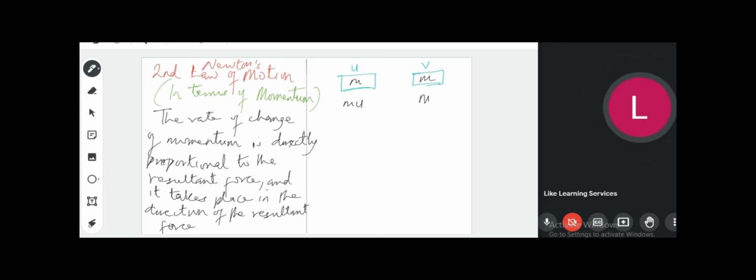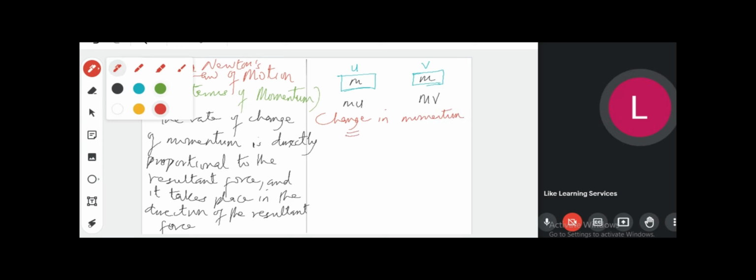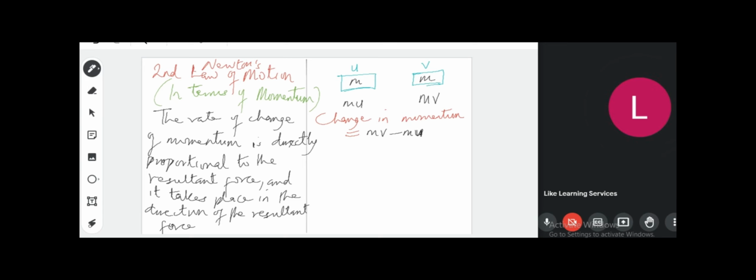The final momentum is mv. Change in momentum is mv minus mu, because change is about the difference.